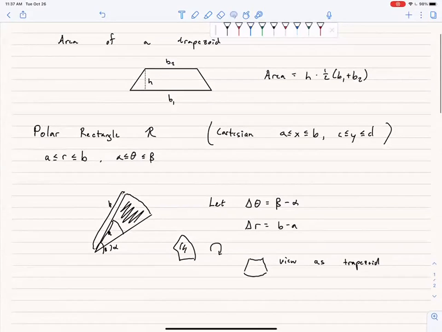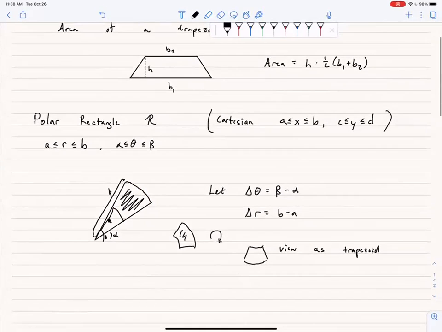This length here is really just going to be delta theta times b. And this length here is going to be delta theta times a. Sort of how radians work in a sense. So here we have delta theta b, here we have delta theta a. And our height, well, if we imagine this as being very small, we can estimate our height as being this length here, which is just going to be delta r.